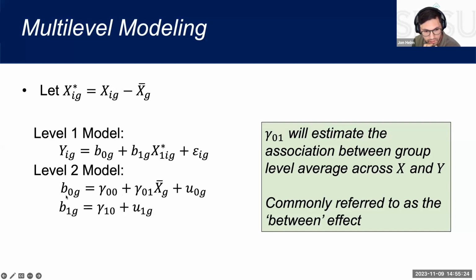This is the mean of X, and then it'll eventually be the mean of Y. And this B1G, this is a group-specific slope. Okay, it's a group-specific slope, and so this gamma 1, 0 will be the average across all those. So this is commonly referred to as the between effect, and then we have this within effect here.